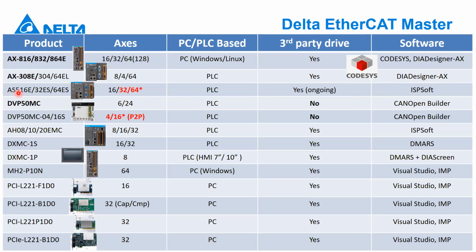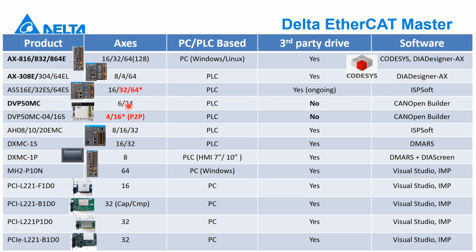And here you can see we also have the AX500 series. We have the 516E, 32ES, and 64ES. If you see the ES, that means this is only for point-to-point movement. And then come to the DVP. For DVP, we have the 50MC. In 50MC, we have two models.